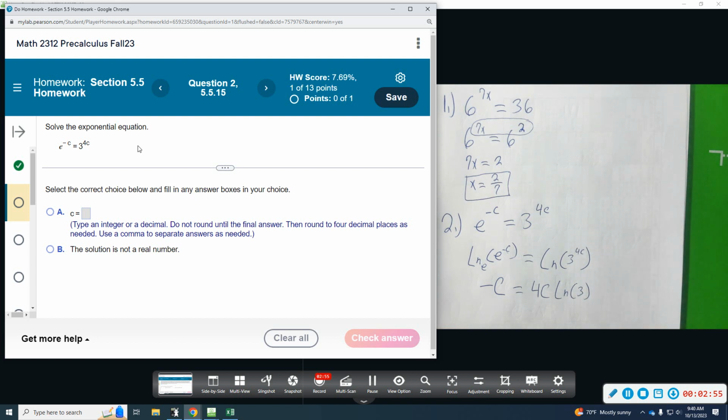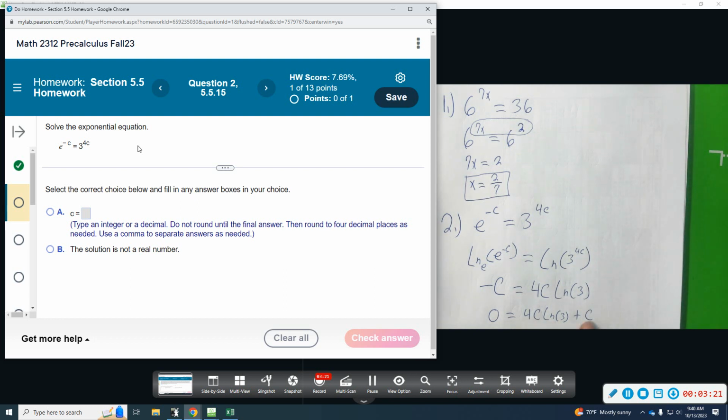What we want to do now is get the c's together so that I can find out what c is equal to. So I'm going to move this c over. I'm going to add c. So I'm going to be left with 0 equals 4c times ln of 3 plus c.